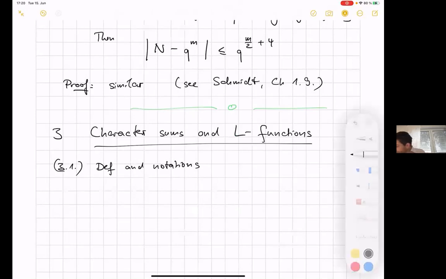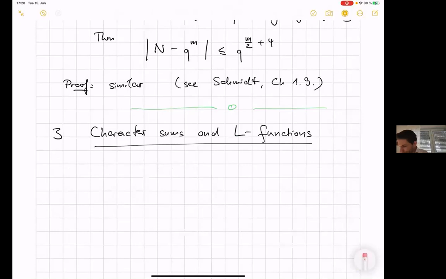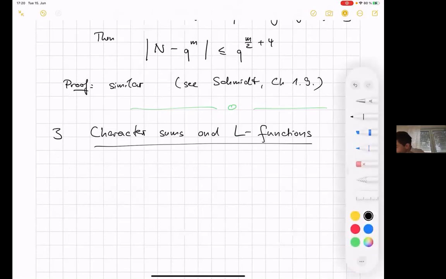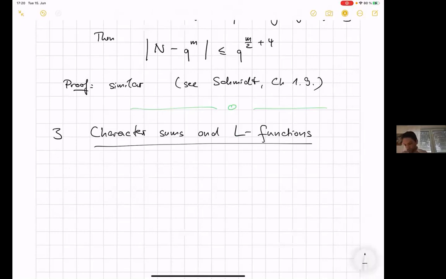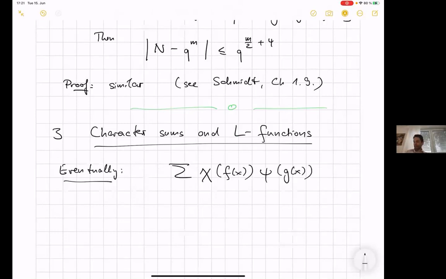Maybe as a motivation, so that it's not so dry, let me tell you what we eventually want to do. We want to bound a character sum where we have a multiplicative character evaluated at some polynomial or rational function and an additive character evaluated at some other polynomial or rational function.